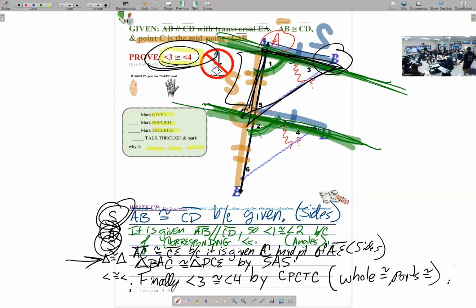Now, done with this, you come in. You're looking now, what else has to be congruent? You're trying to find the thing, but you can't directly say that.